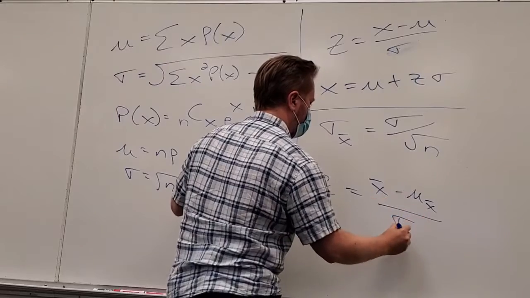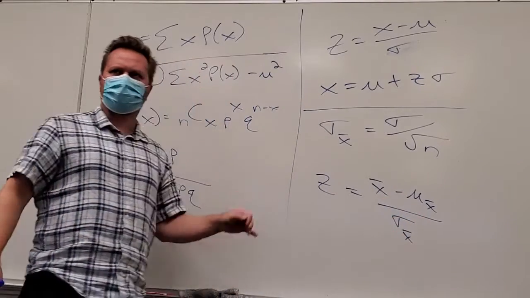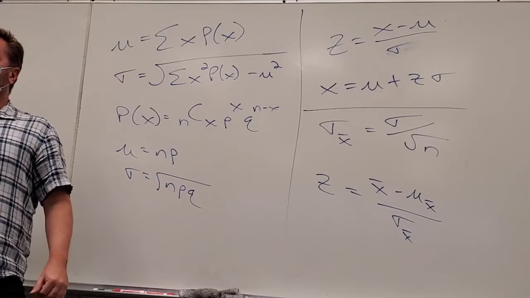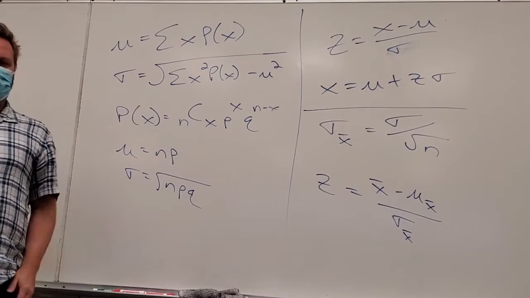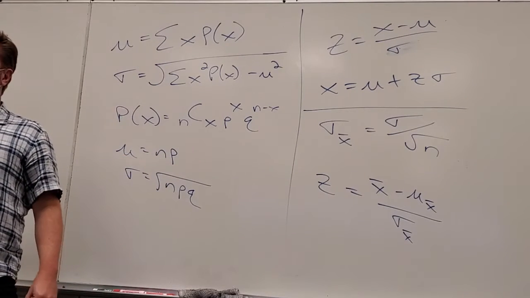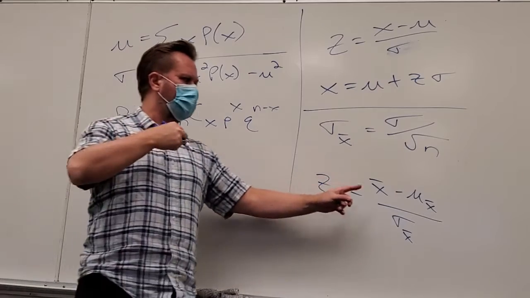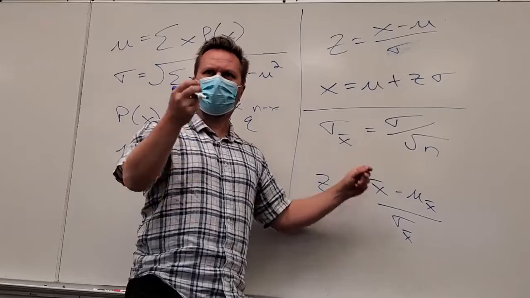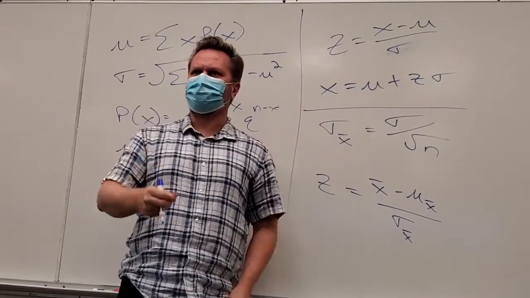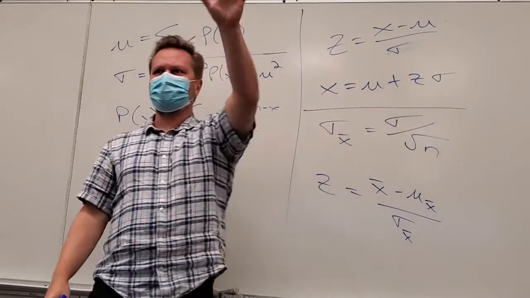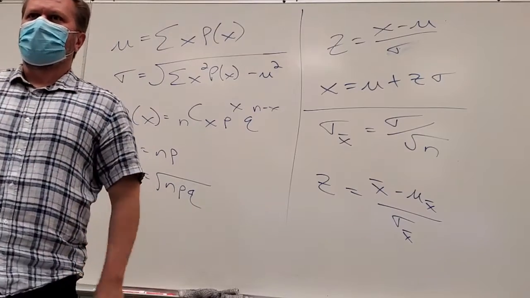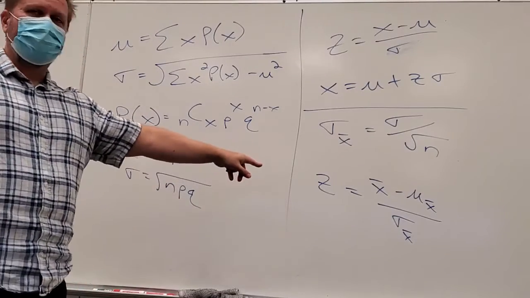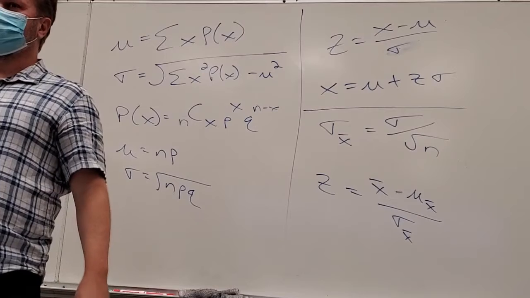Personally, I think this makes it more confusing, just in case you saw that in the book somewhere. So it's always the point I'm interested in minus the middle divided by the spread. Whatever the middle and the spread are, all right? So that formula fundamentally never changes. So again, my suggestion is you don't have to write that down if you don't want to.